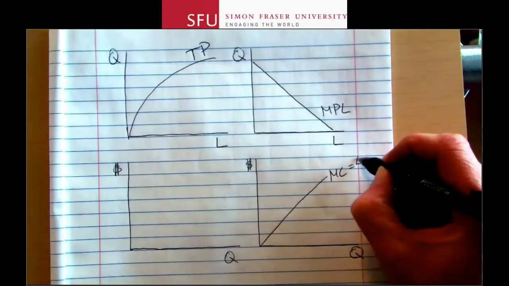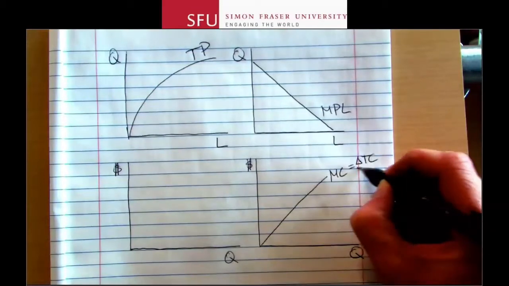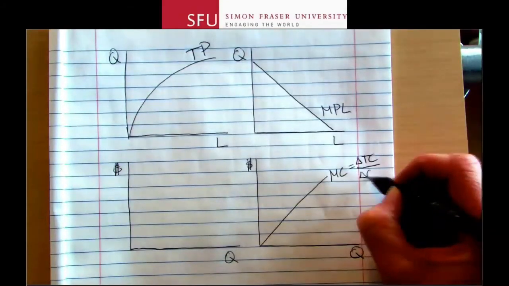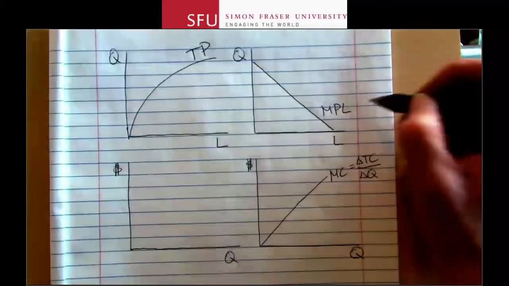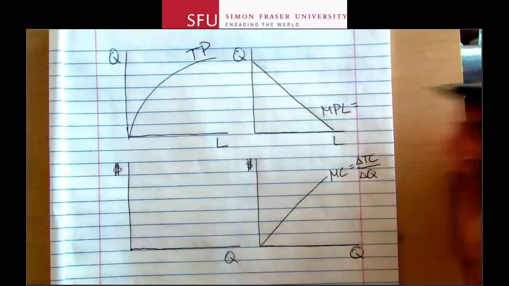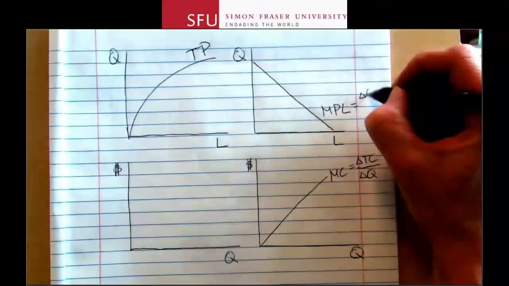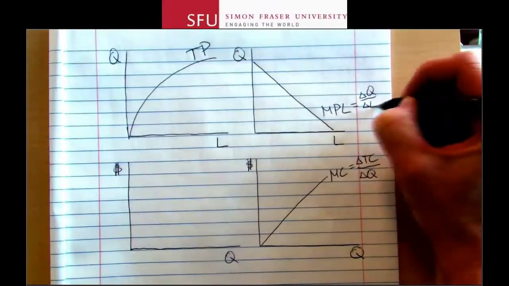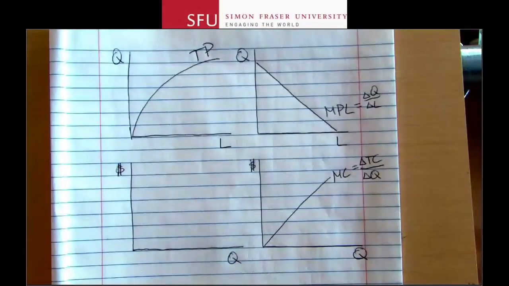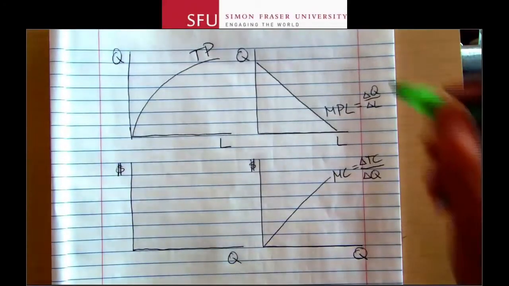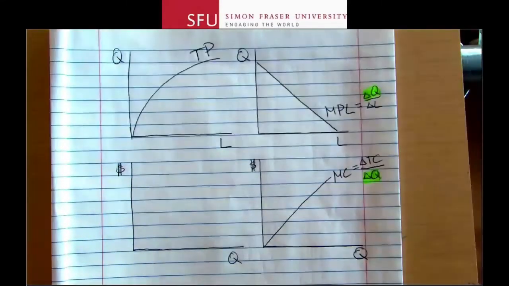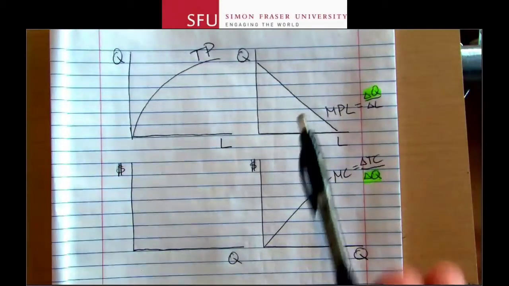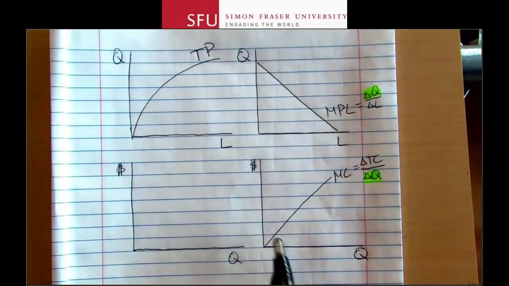So marginal cost is the extra cost when you hire another worker relative to the output that they provide. And up here, I'm going to put the formula for MPL, which is the extra output that you get when you hire one extra worker. And so again, we have the inverse relationship because delta Q is on the top here and on the bottom here. And so that's why these two curves will always then go in a different direction.